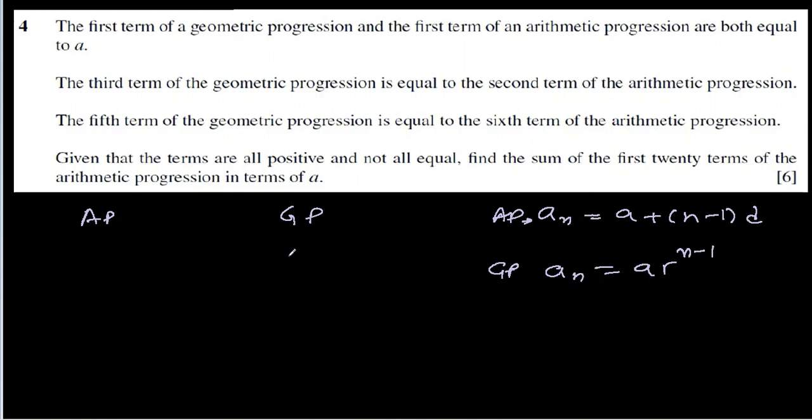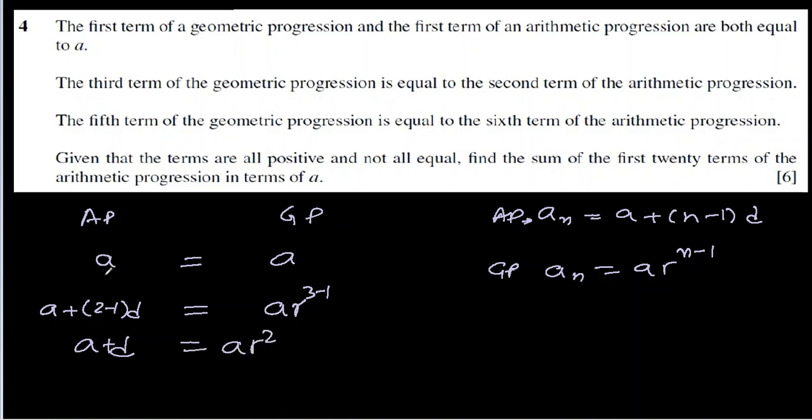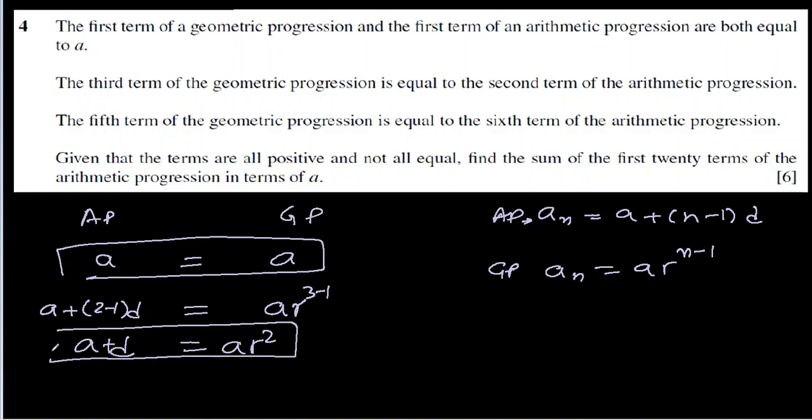First of all, their first terms are equal, right? And third term of GP, which is a r^(3 minus 1), is equal to the second term of AP, which is a plus (2 minus 1) d. So it becomes what? a plus d equal to a r square. This is the first situation. This is the second situation.